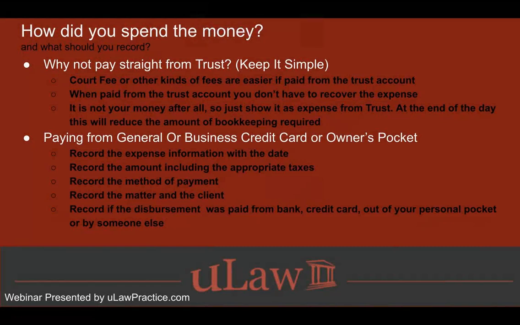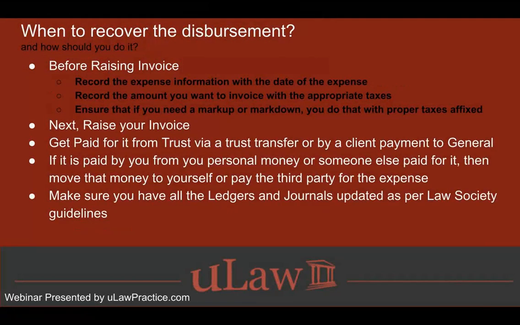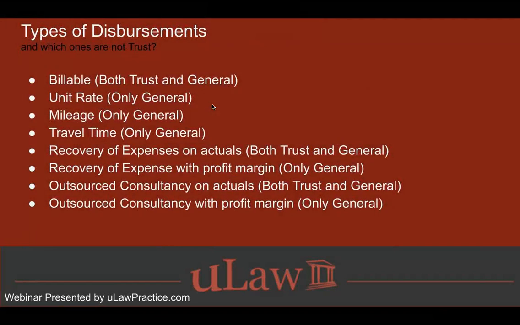Now, what needs to be entered from trust and what can be done from the general account is what we're going to see. With the types of disbursements, if it's billable, you can do it from both trust and general.